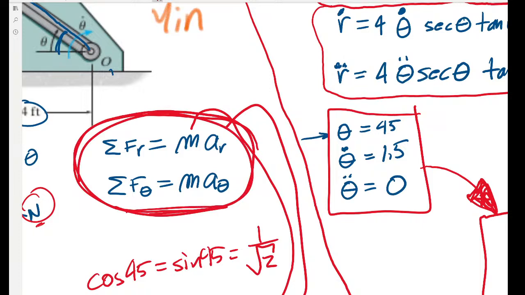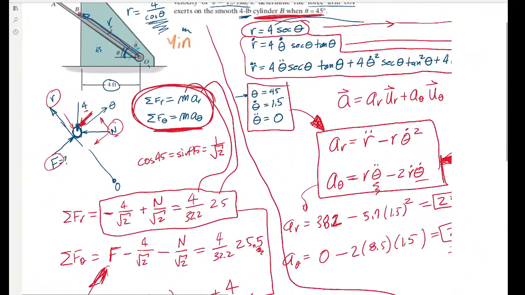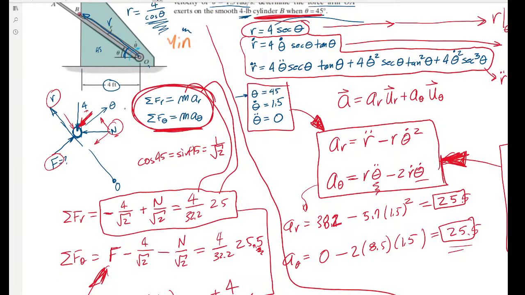And so at that particular point, you're moving from chapter 12 into chapter 13.